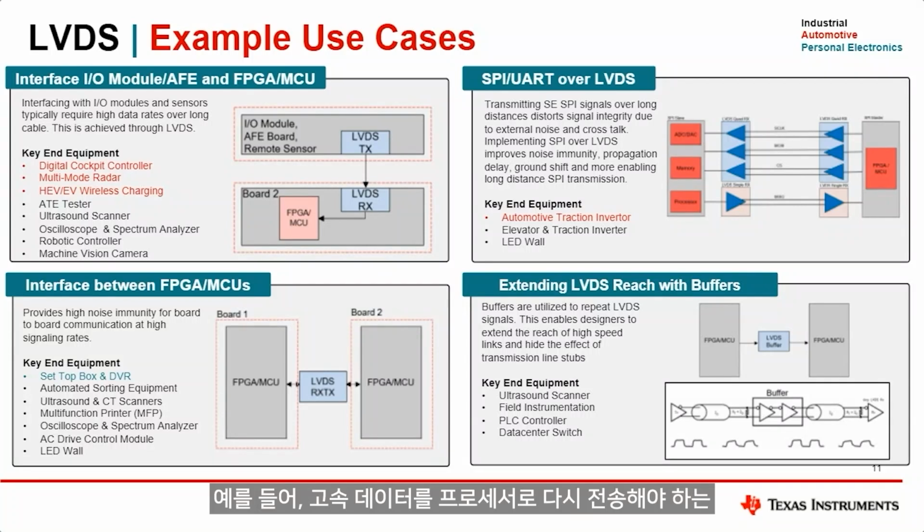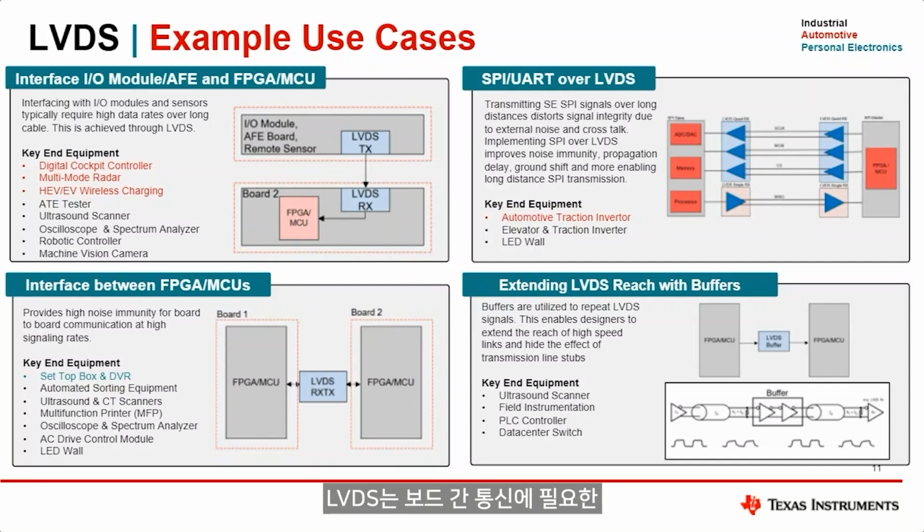This could be, for instance, an ADC on a front-end board that needs to transmit high-speed data back to a processor. LVDS is great for this because it offers the bandwidth needed and has great signal performance for board-to-board communication.